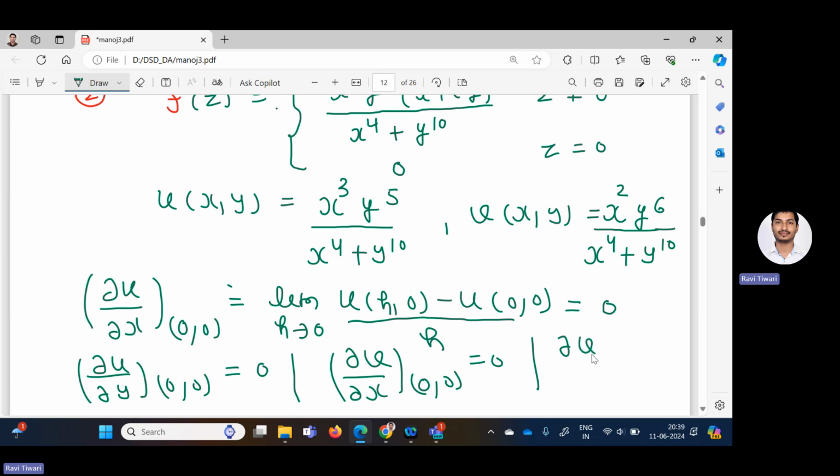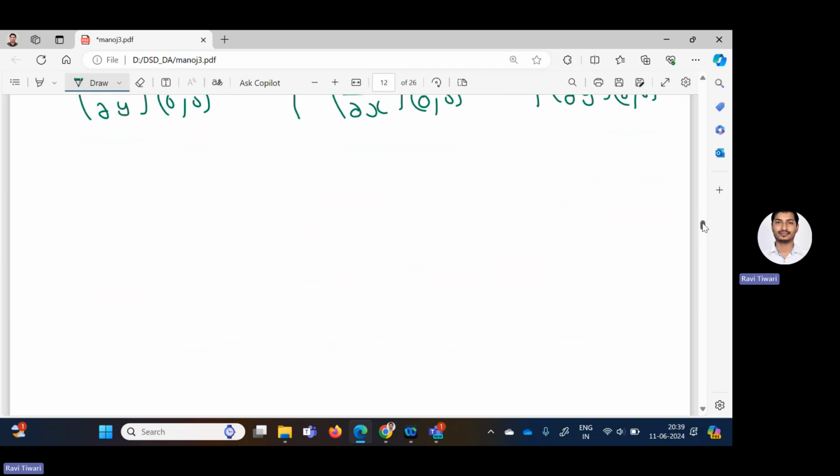And dou v by dou y at 0 comma 0 will also be 0. Because both functions are given in multiplication, you can calculate u of h comma 0: here 0 multiplied by 0, and in v of x y if x and y become 0, the numerator will be 0, so automatically you get 0. So this function satisfies the CR equations at z equal to 0.